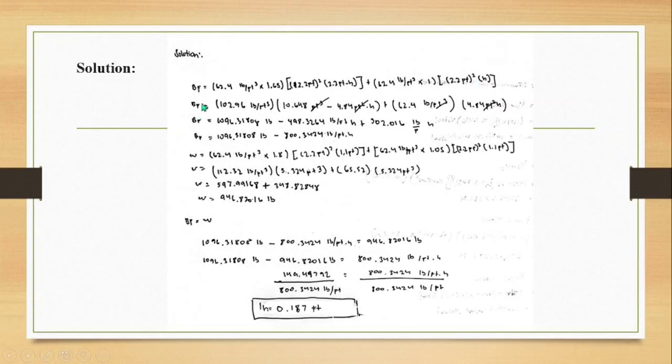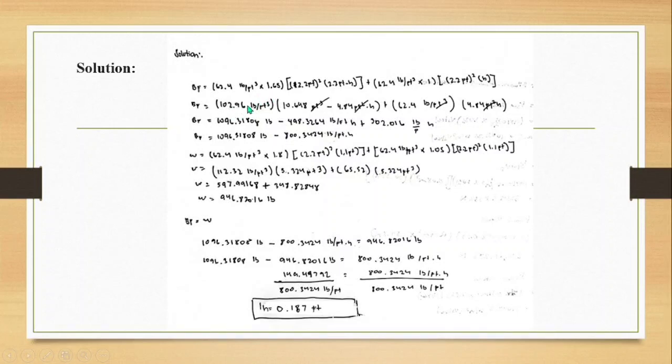So here, buoyancy is 102.96 pounds per cubic foot. We got this by multiplying 62.4 times 1.65.